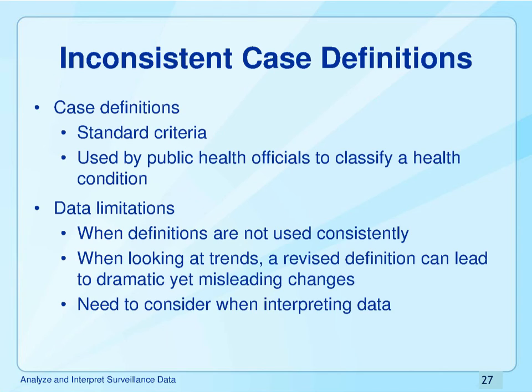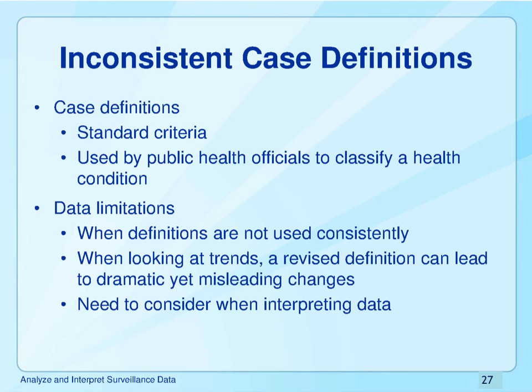So if it's a communicable disease system, and let's say we're looking to report on leptospirosis, then we want to make sure that all of the clinics, all of the physicians, both public and private, all of the laboratories, both public and private, and so on and so forth, are using the same definition of what leptospirosis is. Because if they're not using the same definition, then once again, the data is not going to be representative.